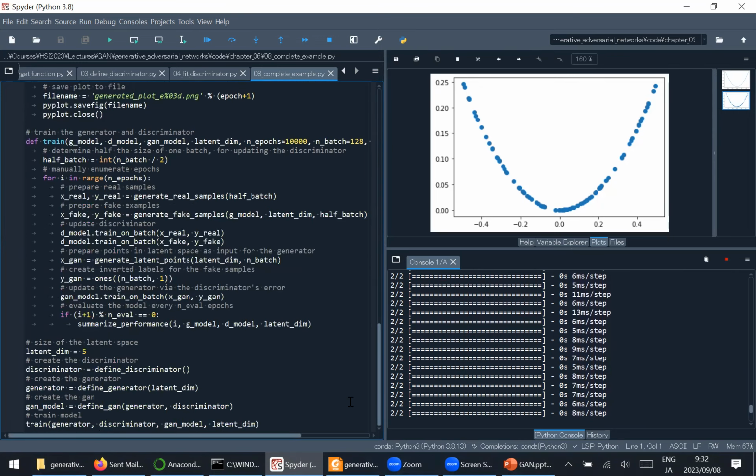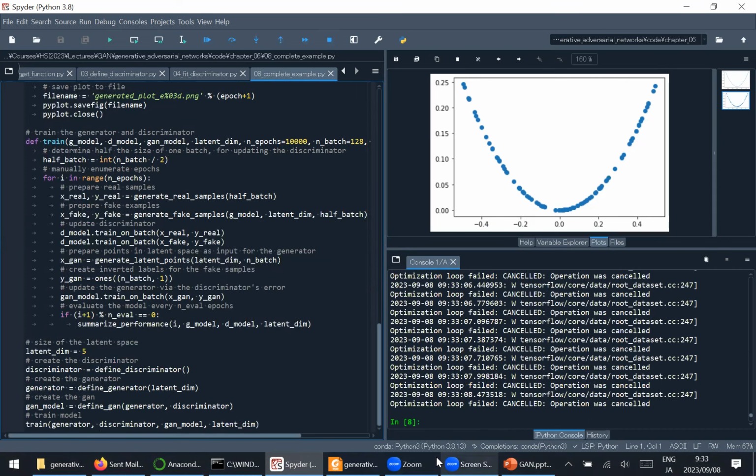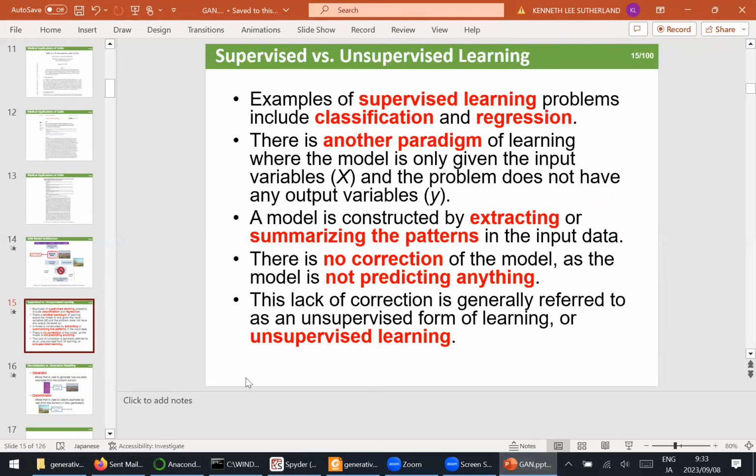I forgot how long this will take. We did 10,000 epochs. Okay, so this is going to take some time. I'm going to stop this here. At least we know it works.